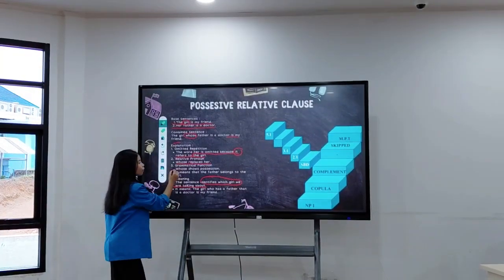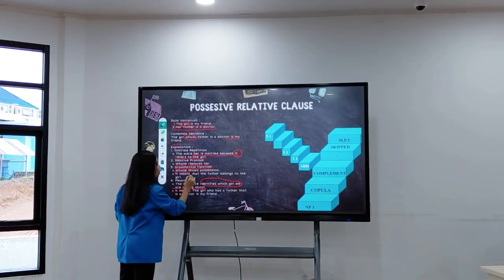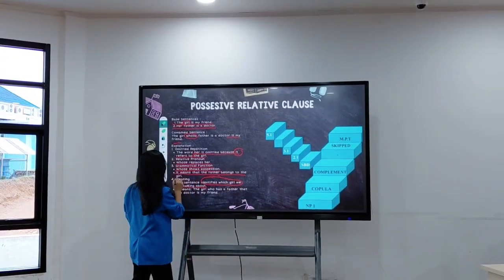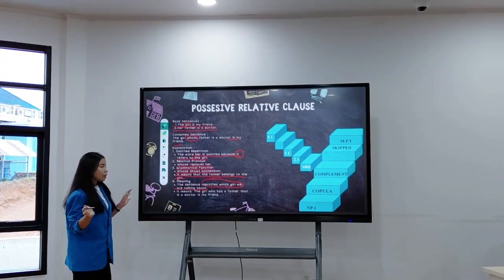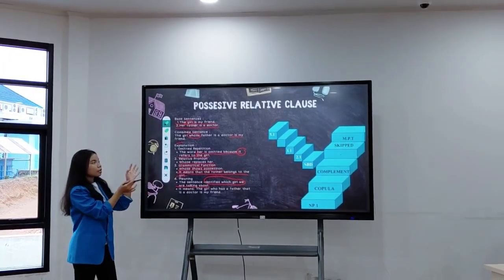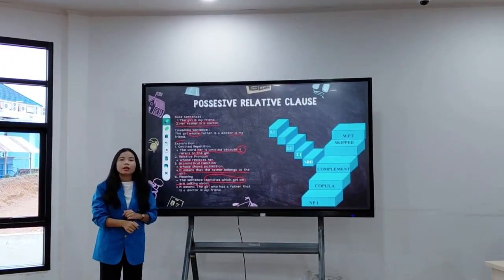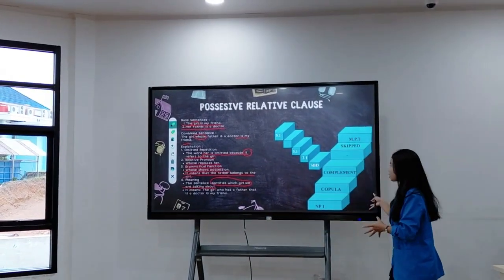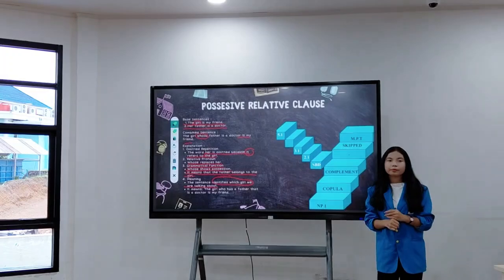For the grammatical function, whose shows possession, and it means that the father belongs to the girl. The combined sentence is the girl whose father is a doctor is my friend. Now I want to explain the five stairs.